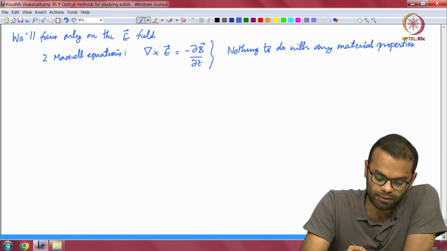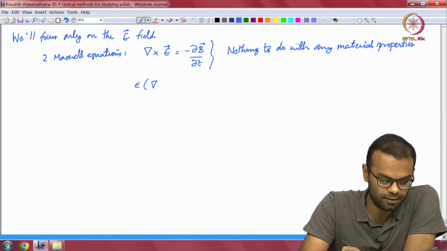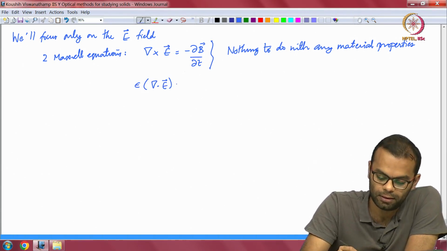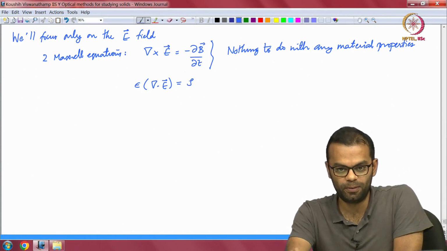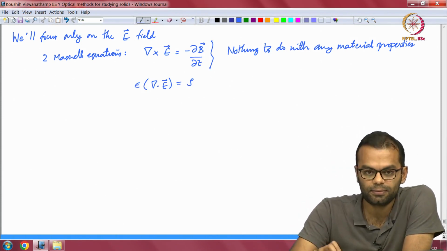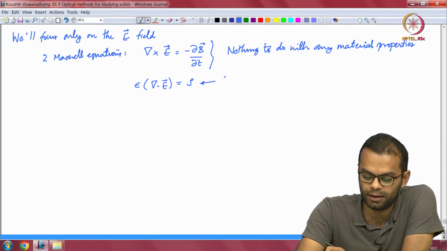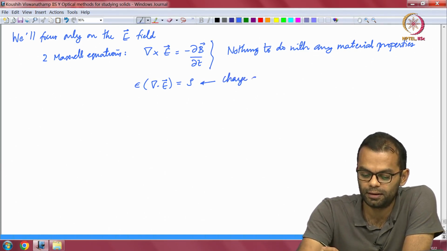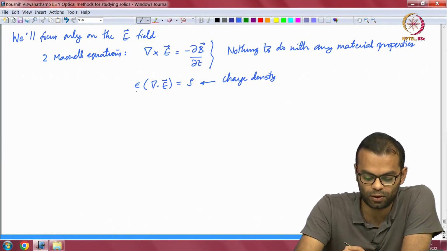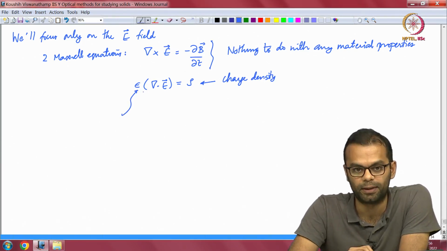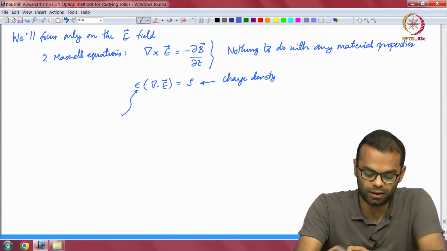The second Maxwell equation, which you have probably seen before in the form of what is called Gauss's law, is this, okay. This is the charge density on the right hand side, and this is called the permittivity. It does not matter what the charge density is for now for our particular application.